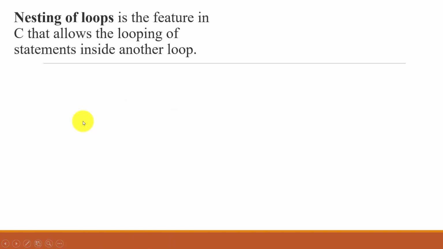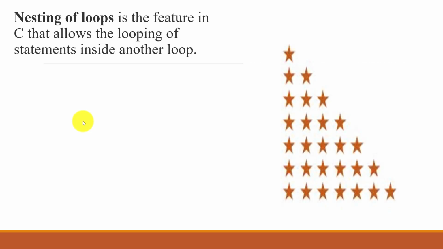Now suppose we consider one more example, or let's consider this pattern. If I want to print such a pattern, I require two for loops. The outer for loop is for printing lines, that is, each new line.